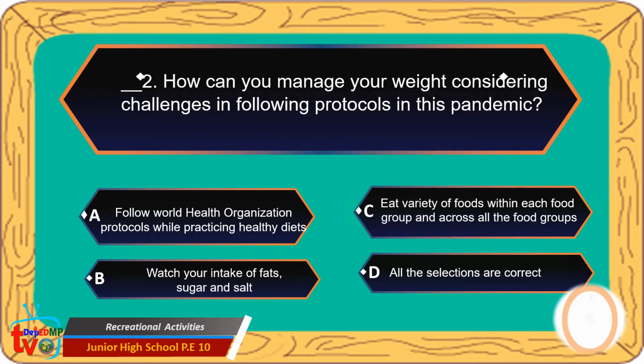C. Eat variety of foods within each food group and across all the food groups. D. All the selections are correct. The correct answer is letter D. All the selections are correct.